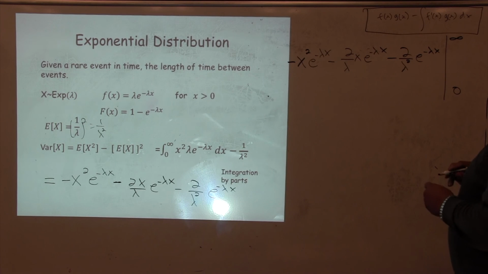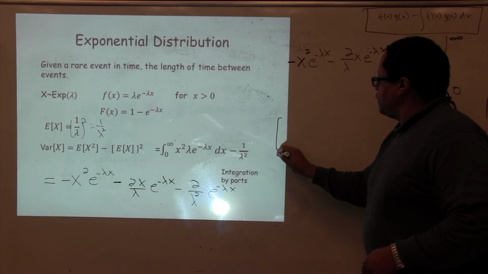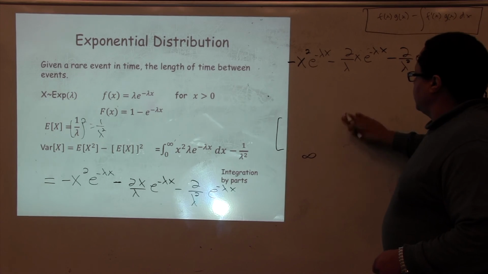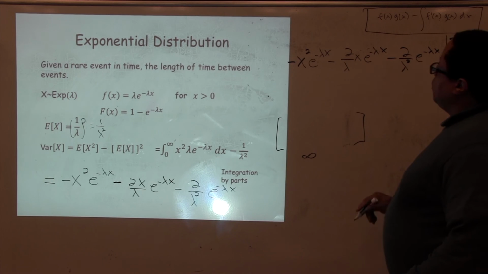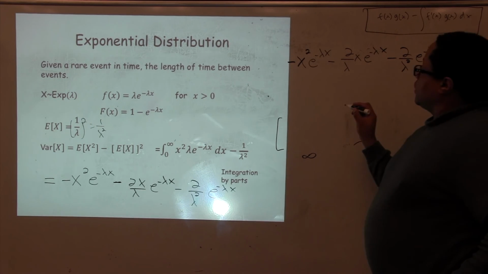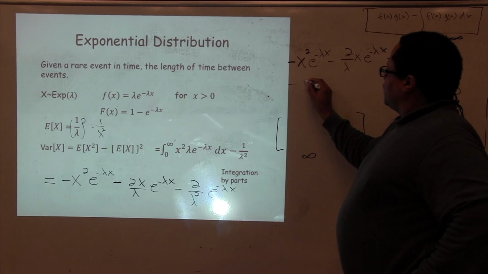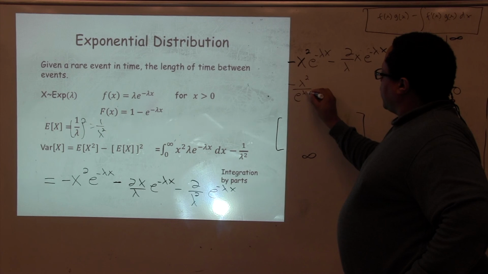Okay, so let's make an observation here. Let's start with evaluation of this expression at infinity. One of the observations we make for this term is that we have an x squared, but we have e to the minus lambda x. So that's like saying minus x squared over e to the lambda x.